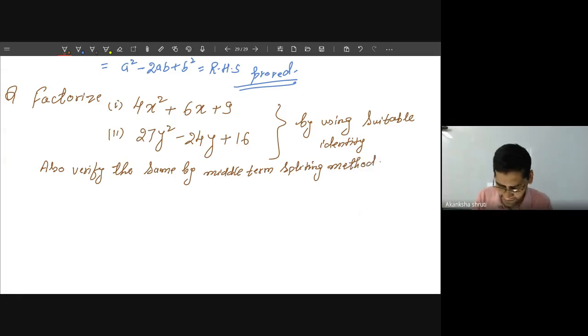So this can be verified, meaning the same result can be obtained even if we are not applying the identity, then we can also get it.